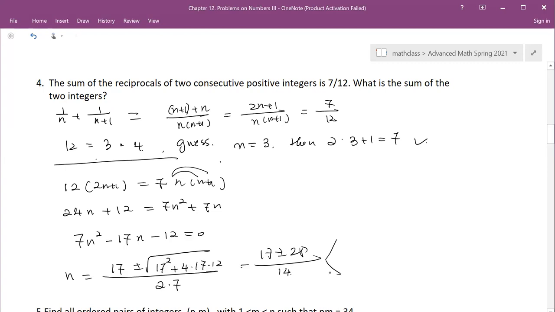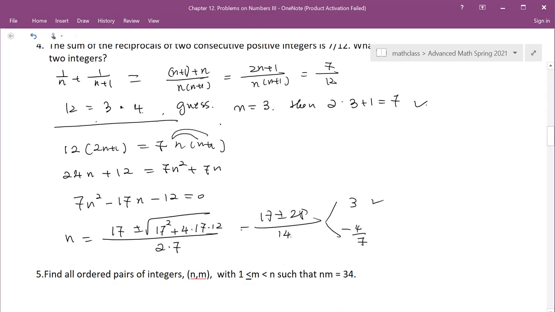Then you get two numbers. When you choose the positive, you get 3. When you choose the negative, you get negative 4 over 7. So only n equals 3 is positive. This will be complicated if you solve the equation directly without guess and try. But using guess and try, you're lucky and can quickly figure out the answer.